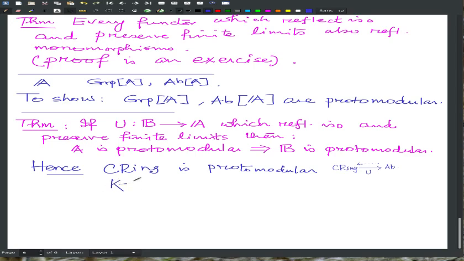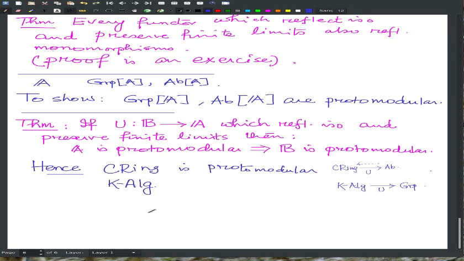Suppose if you take K a commutative ring, and you form the group ring. Okay? That's the left adjoint. So that also says K algebras are protomodular. Okay?